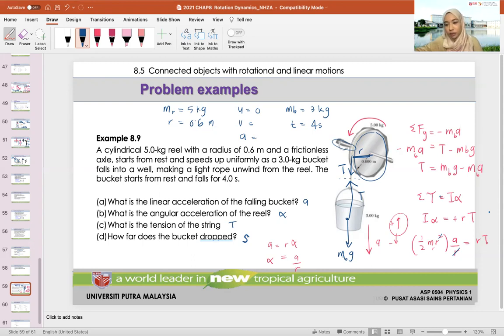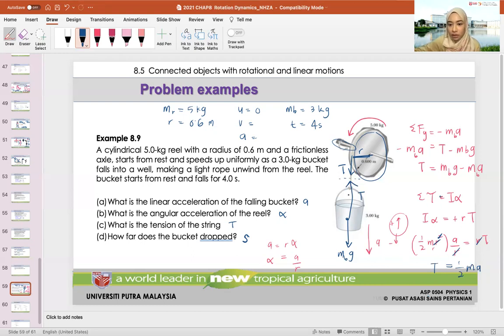Oh, I have R squared, that's why. So this one also cancels out with this R. That was what I was missing. I'm left with 1 R over here, and I have another R over here, so I'm cancelling that out. So now my T is going to be 1 over 2 MA. So that is my T.